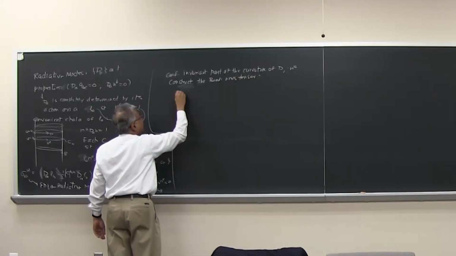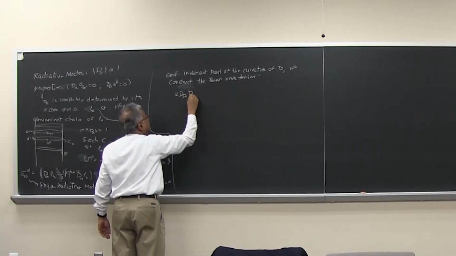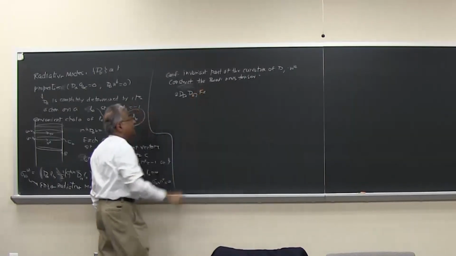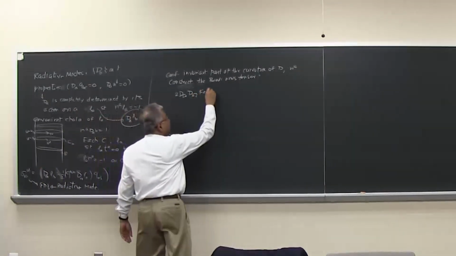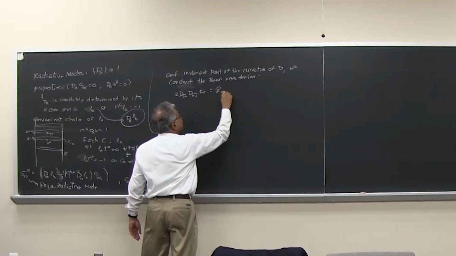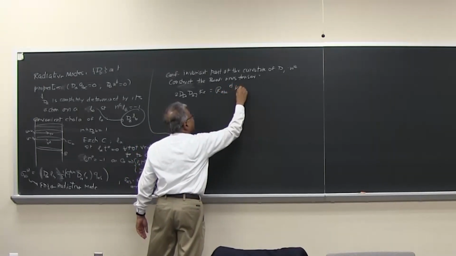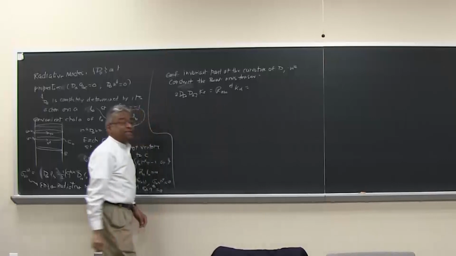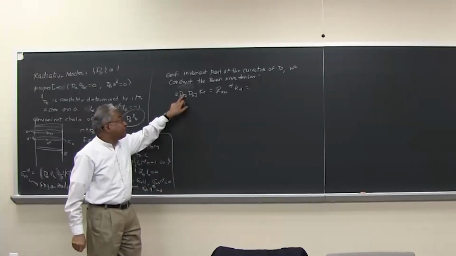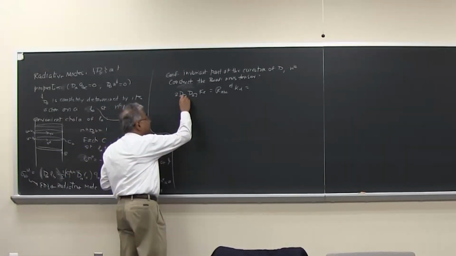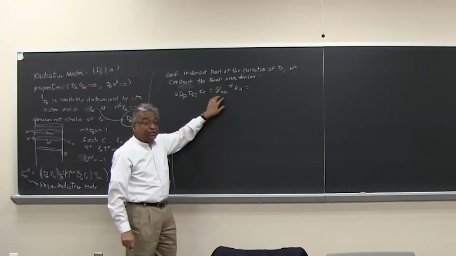So basically, you take D_A D_B of any covector K on scri, then this will be equal to the Riemann tensor, the three-dimensional Riemann tensor, acting on K. And the point is that this is only determined by the derivative operator D, because the metric is degenerate.